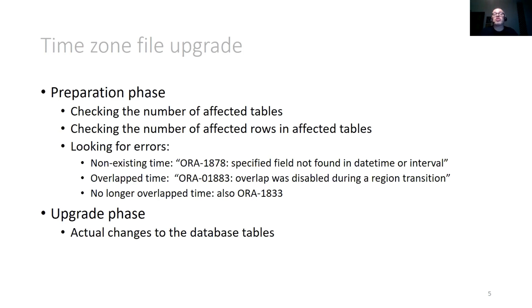So the whole upgrade process is about correcting the UTC time. However, this correction is not always possible. So let's recall the DST changes, right? We have the change from winter time to summertime in spring and from summertime to winter time in autumn.